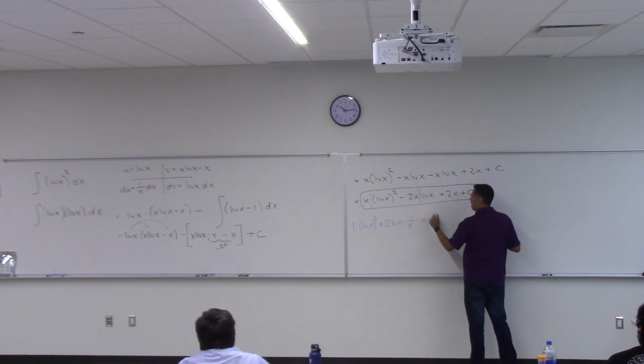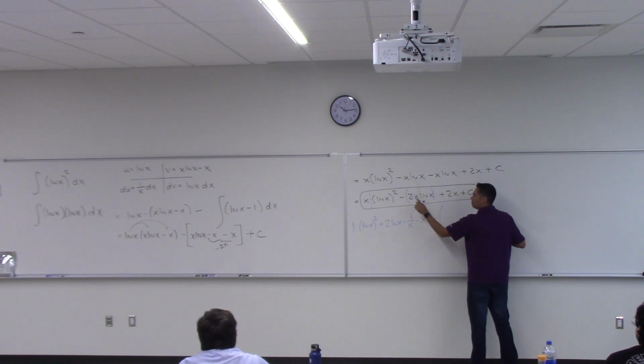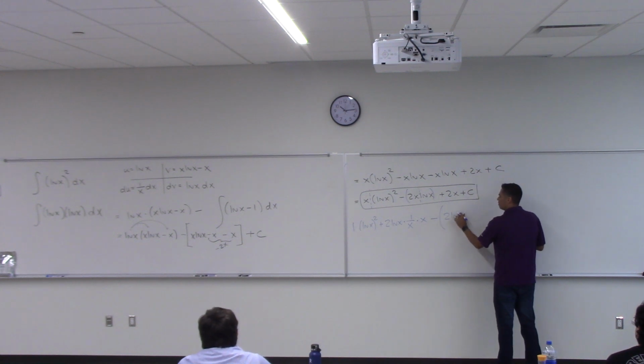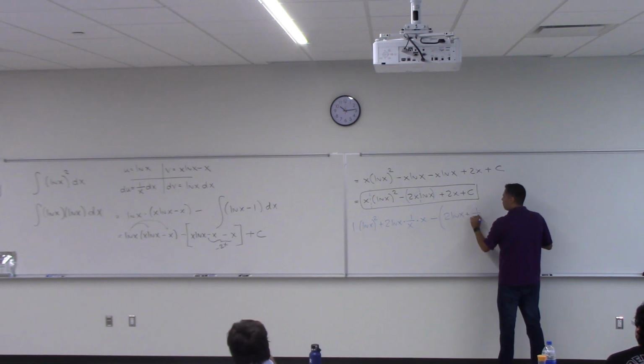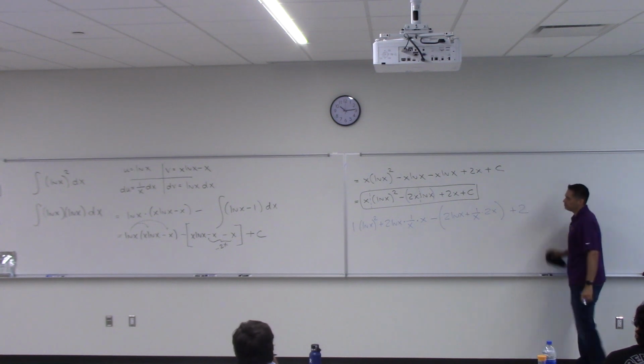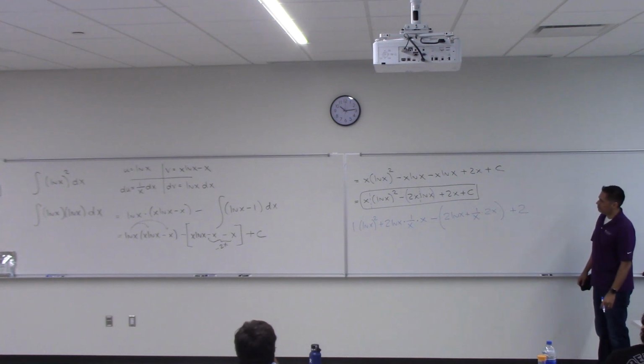Minus, now I'm going to do some parentheses. The product rule, I'm doing product rule right here on this. The derivative of 2x is 2, natural log x, plus the derivative of natural log of x, which is 1 over x, times 2x, and then plus 2. That works.